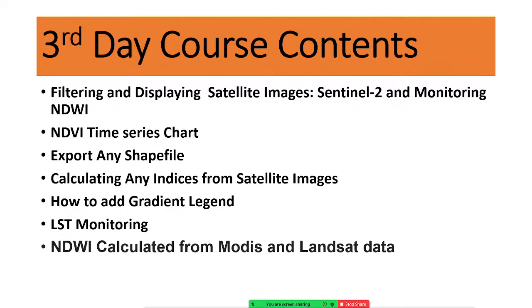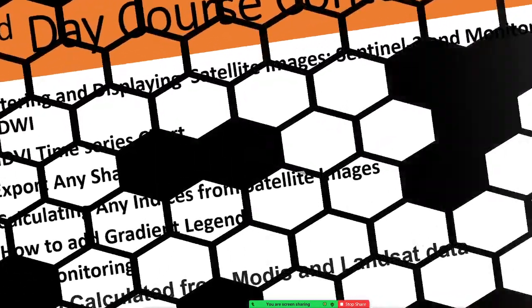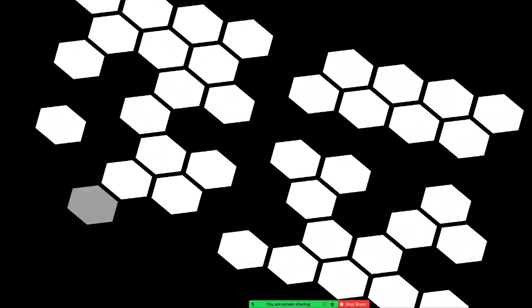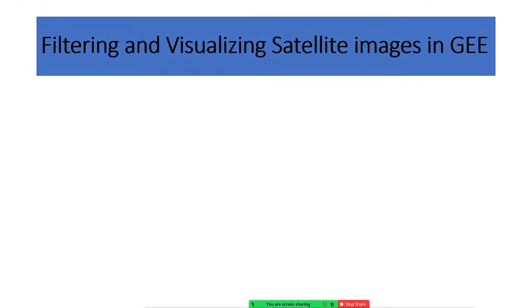We will move one by one and practically show you all of the things. First of all, filtering and visualizing satellite images in the Google Earth Engine platform. We already discussed in the second class how to filter Landsat satellite images.